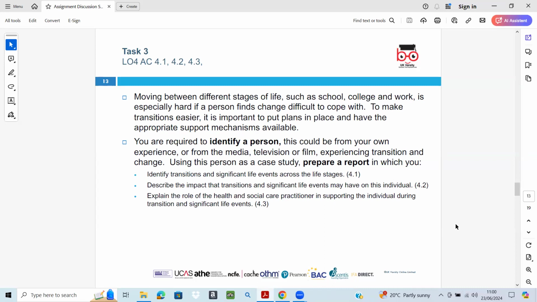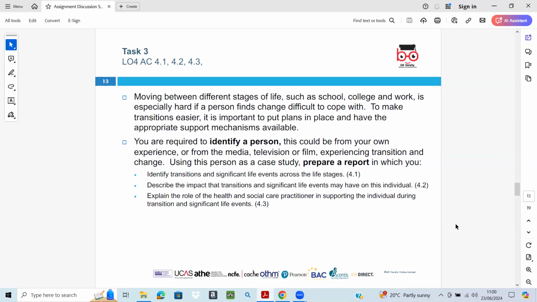So what we could include, for example, we need to identify transition and significant life events across life stages. That is related with assessment criteria 4.1. So we need to identify a specific person experiencing transition and significant events in different life stages.